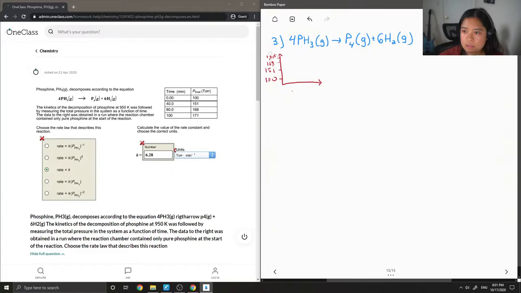Sorry, this is smaller than I thought. So this is obviously not to scale. It's just so that we can kind of estimate the rate of the reaction. So this is pressure, and then on the x-axis is going to be time.